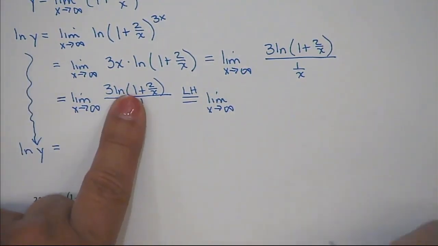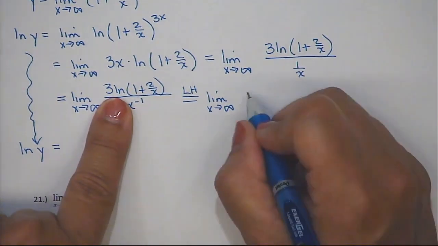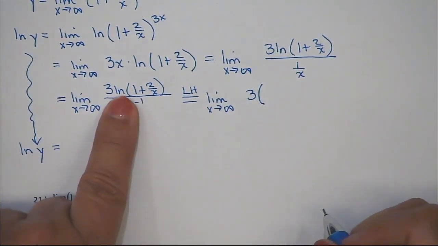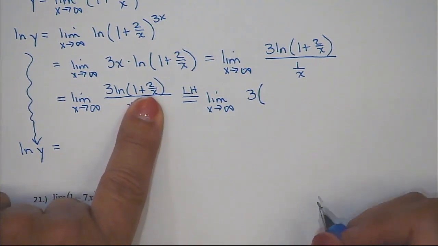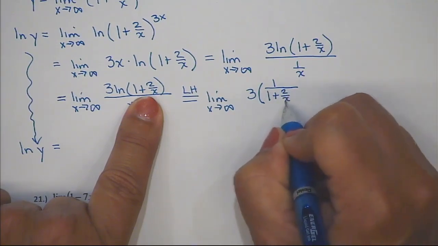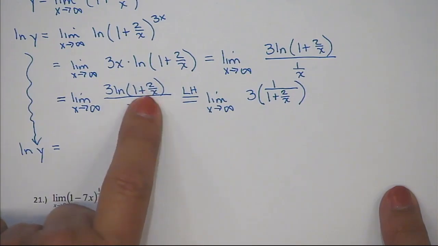All right, now, let's take your time with the top. Okay, we're going to take the derivative of the top. So the 3 is going to stay there. It's constant. Times derivative of any natural log is 1 over whatever's here, right? So 1 over this whole thing. Okay. Times the derivative of the inside.